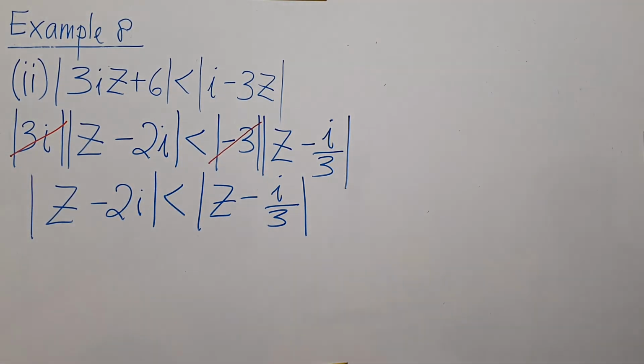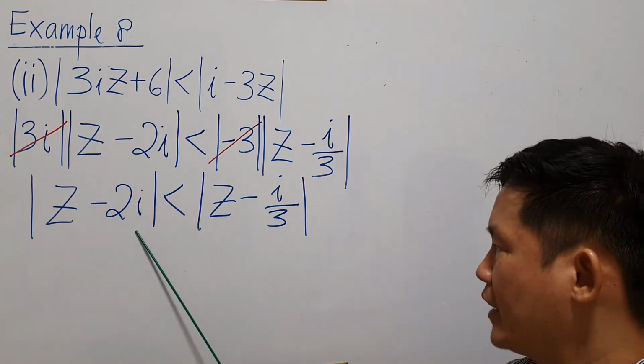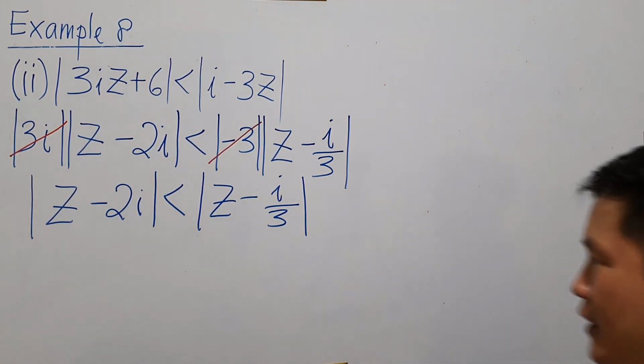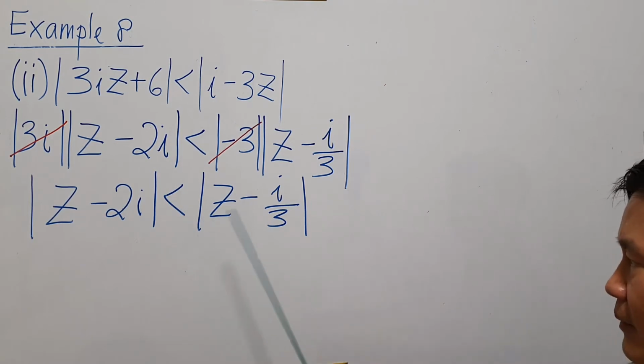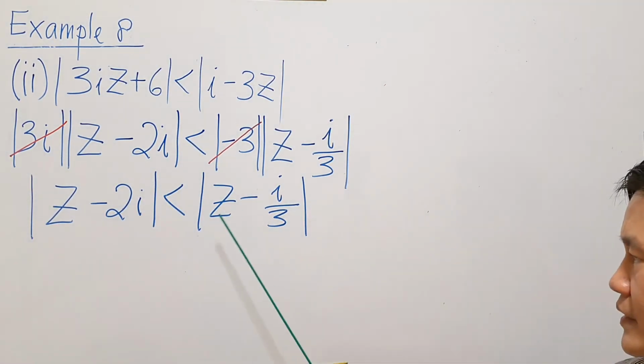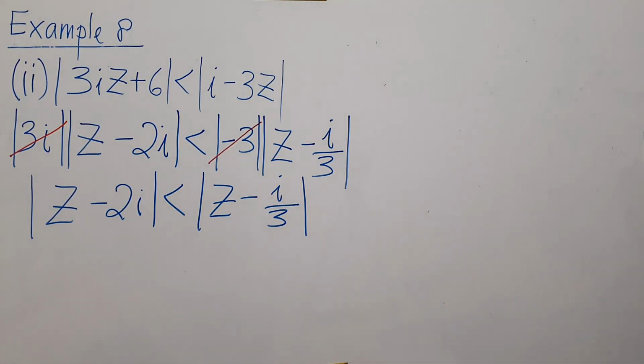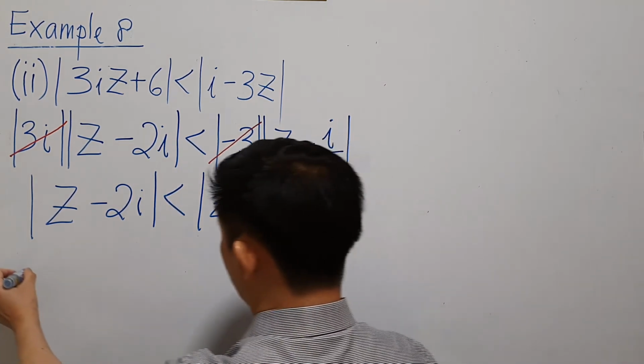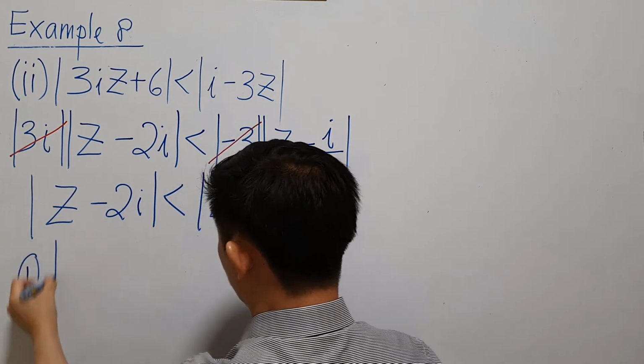So put together, the statement says the distance from 2i to z is lesser than the distance from i over 3 to z. And to draw this locus, you want to start off by treating this as an equality first.